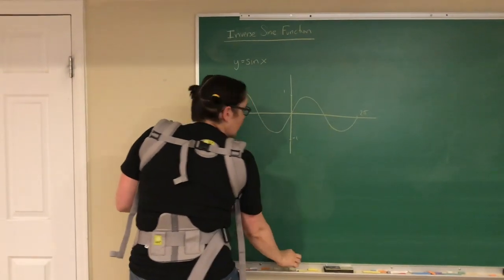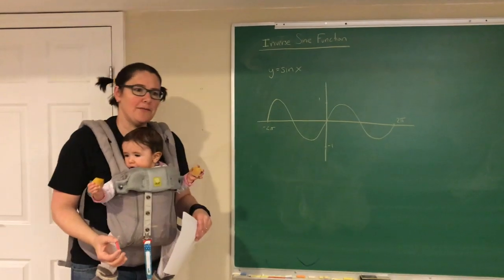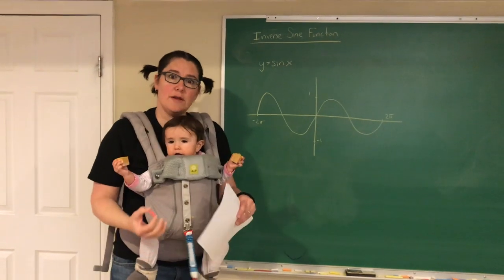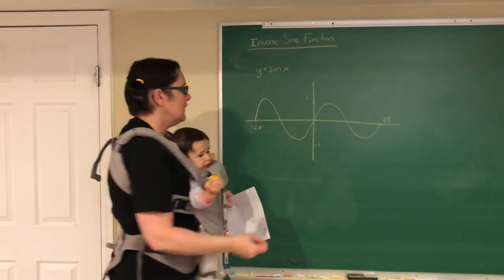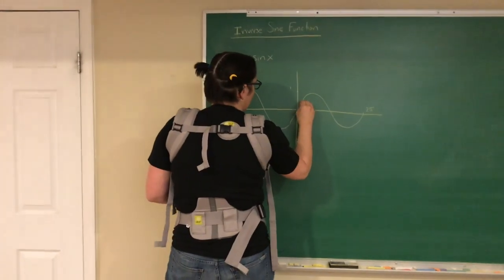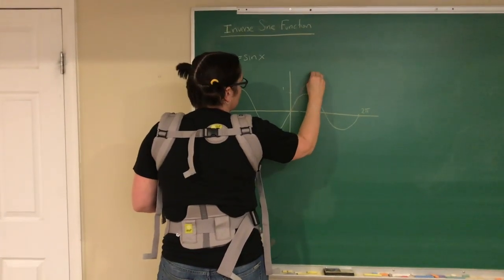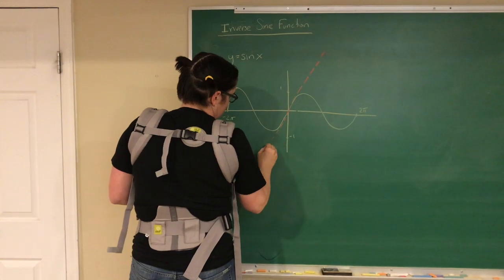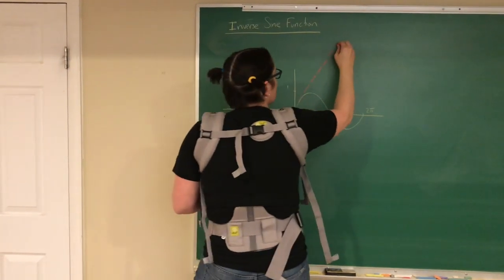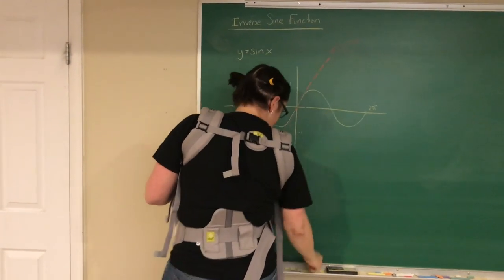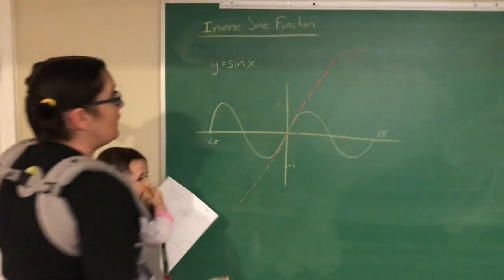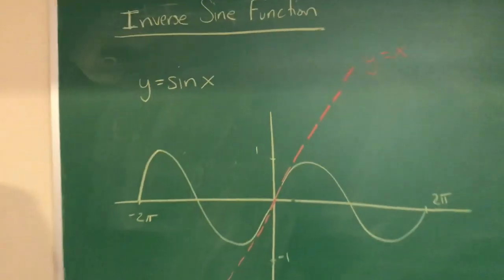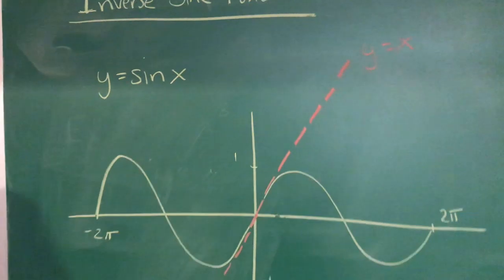All right, now what we talked about with graphing an inverse function, the way that we would graph an inverse function is by drawing the diagonal line, y equals x, and then reflecting our graph across that diagonal line of y equals x.